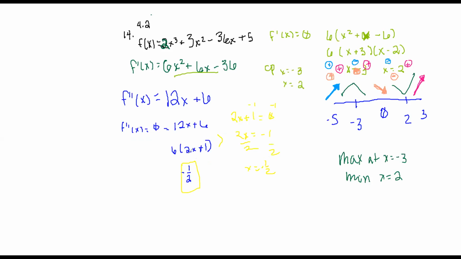So this is what we have. That's where our inflection point is. We can use this to actually draw a graph now if we wanted to. Because we know this is -3. We have a max here. This is -1/2, I lied. That's positive.